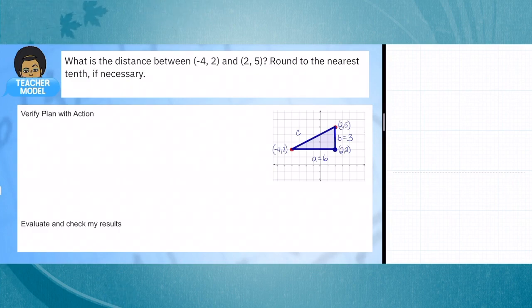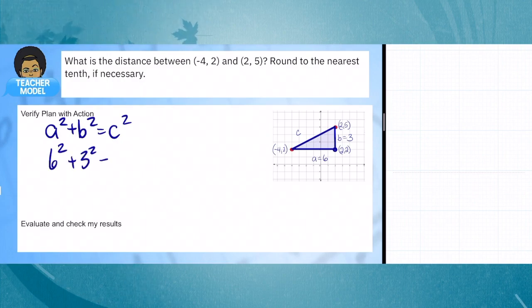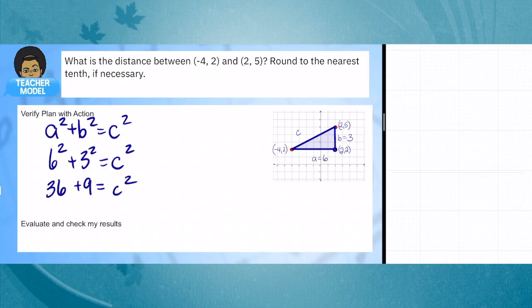So let's start by using our formula. We have a value for A, 6 squared, and B, 3 squared, is equal to C squared. Let's evaluate. 36 plus 9 equals C squared. 36 plus 9 is 45, which is equal to C squared.